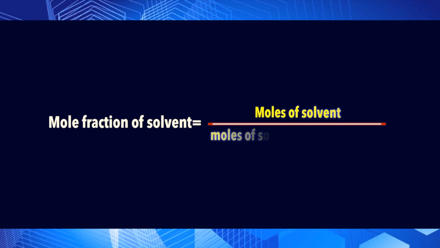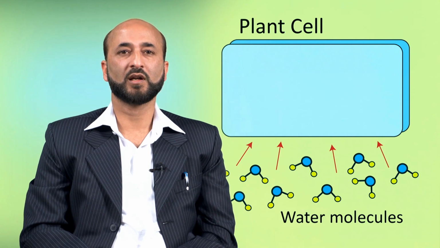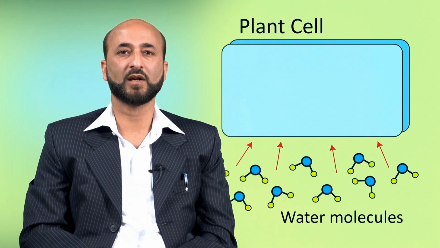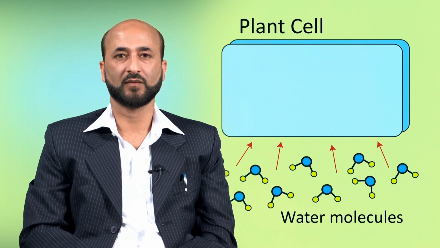Mole fraction of solvent, as you know, is equal to moles of solvent divided by total moles of the solution. That is, mole fraction of solvent is equal to moles of solvent divided by moles of solvent plus moles of solute. Therefore, water potential or chemical potential of water depends on the mole fraction of water, which takes into account both the solvent and the solute concentration.